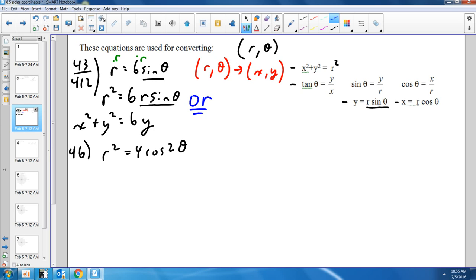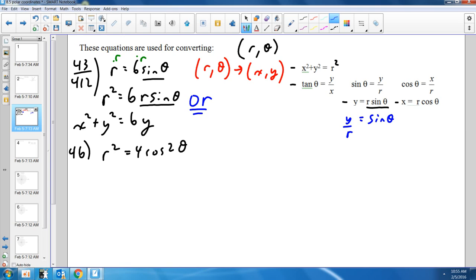You can say, I'm going to take this, and I'm going to say sine theta is equal to y over r. I don't like doing that because now all of a sudden you have a y with the r, and you want to get rid of your r and thetas, but you're mixing them together. I like keeping them separate. But if this makes sense to you, you could do that. So I can say sine theta is y over r.